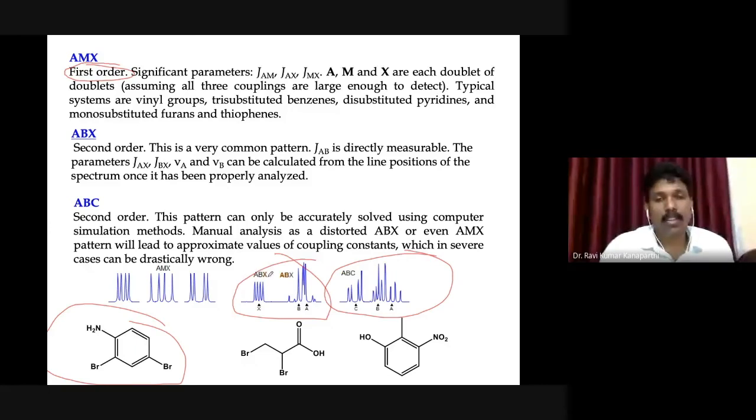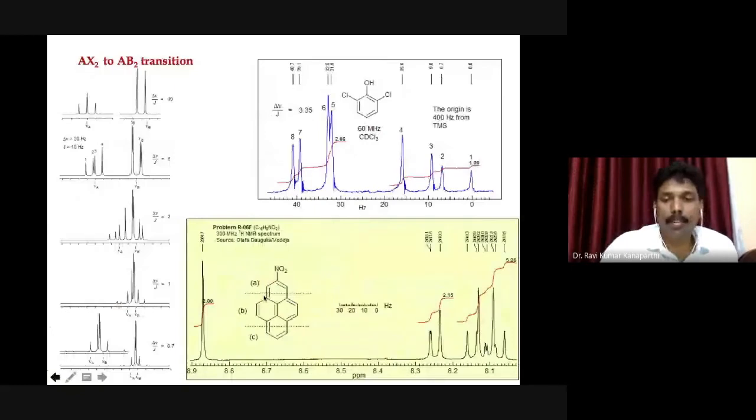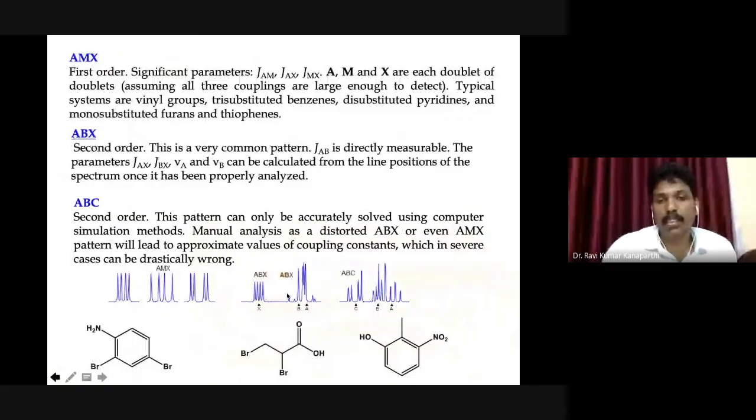If there are two, according to the n plus 1 rule, you should see a triplet, but then you can see 4 lines. So this is the typical nature of a second order spectrum. It will not follow the n plus 1 rule. That is what I was telling in the beginning, in the first order and second order definitions.